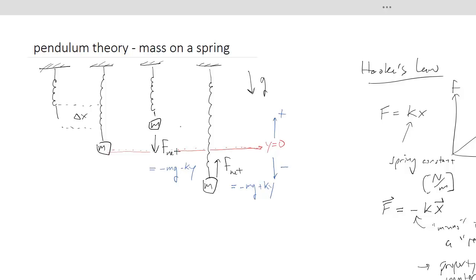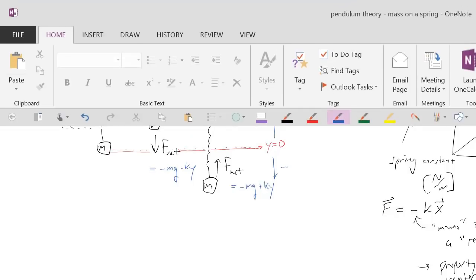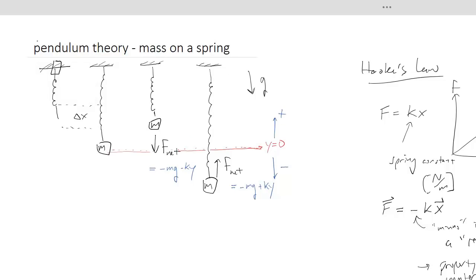And since it does, we can actually ignore it because it's always there. In a sense, I can look at it this way. If I had my spring attached to some kind of force sensor, like you have for your last experiment in the simple harmonic motion, then I could zero this out, and that mg, which is present at all points along the way, is not going to be needed.